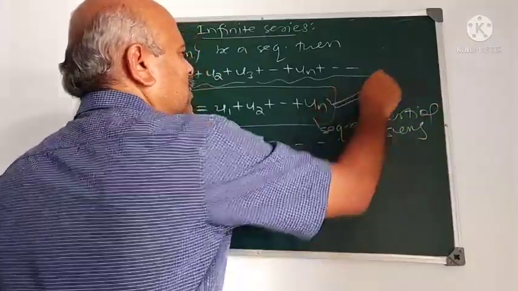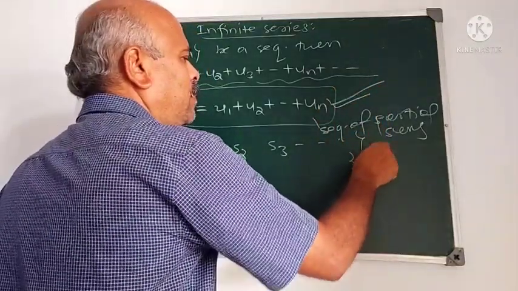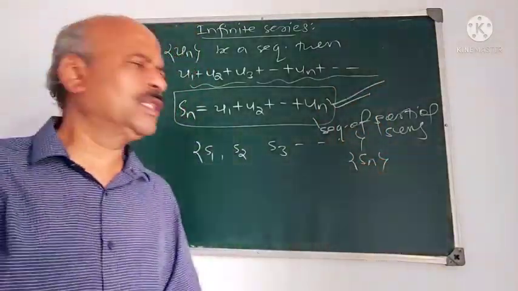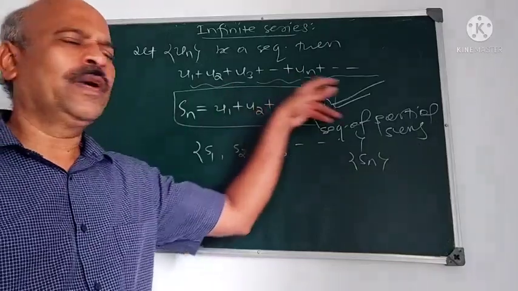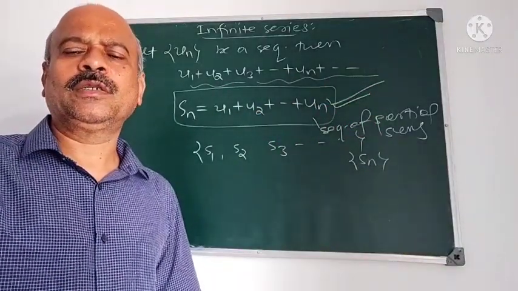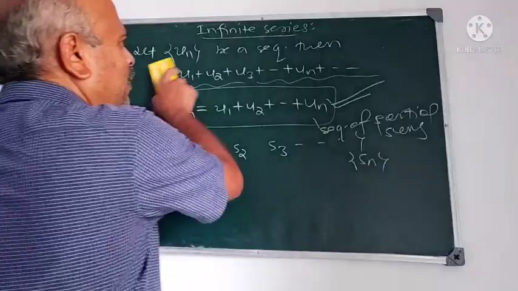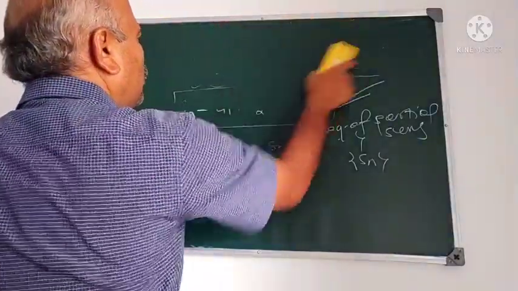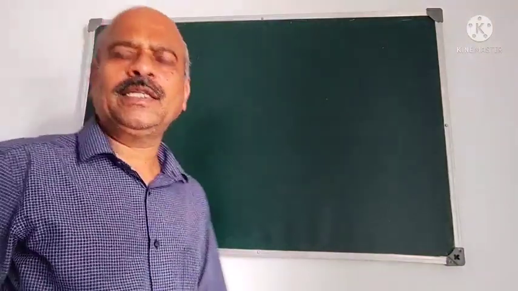And if this sequence Sn converges, then we say that the infinite series converges. And that limit is called the limit of the infinite series or the sum of the infinite series.